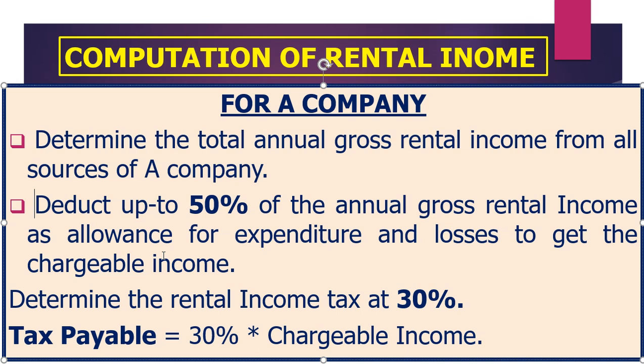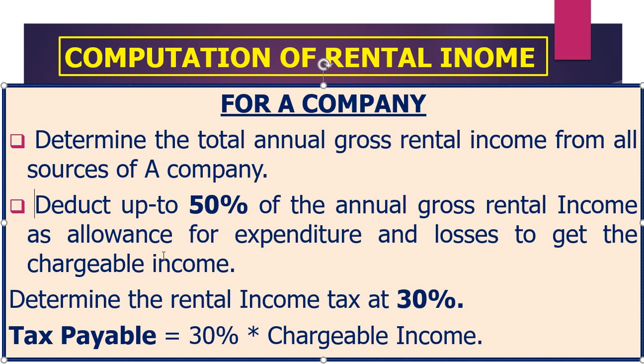So now, you raise 50% or below. You look at the expenses incurred that are related to the rental income and deduct them, but they shouldn't go beyond 50% of the gross rental income of the year. After getting that, what remains is subject to the 30% rate.